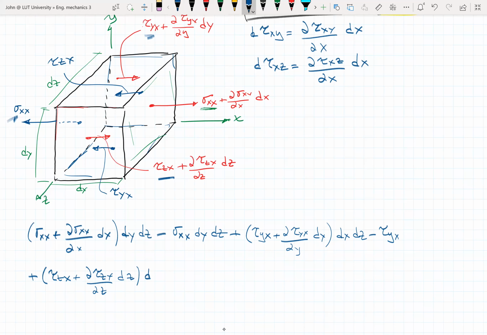Let me write that y better. Minus the complement, this tau zx. Again, tau zx is acting on a face whose dimensions are dx times dy, and this is going to be equal to 0.